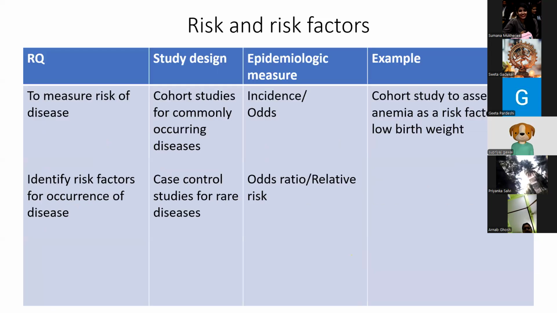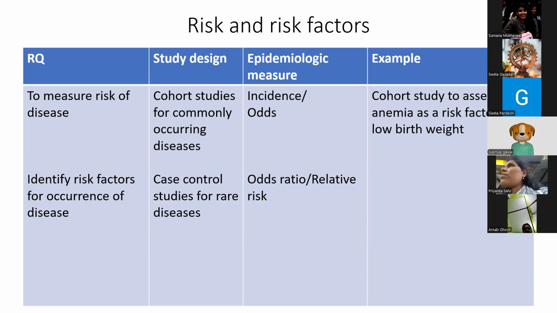Another research question which could come up is what is the risk of a disease in a particular population? Or more commonly, what we do is try and identify the risk factors for a disease or even for outcomes, right? So various kinds of outcomes.